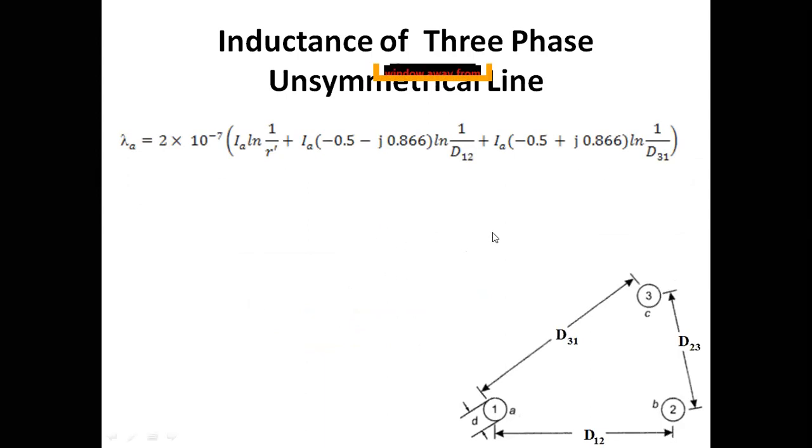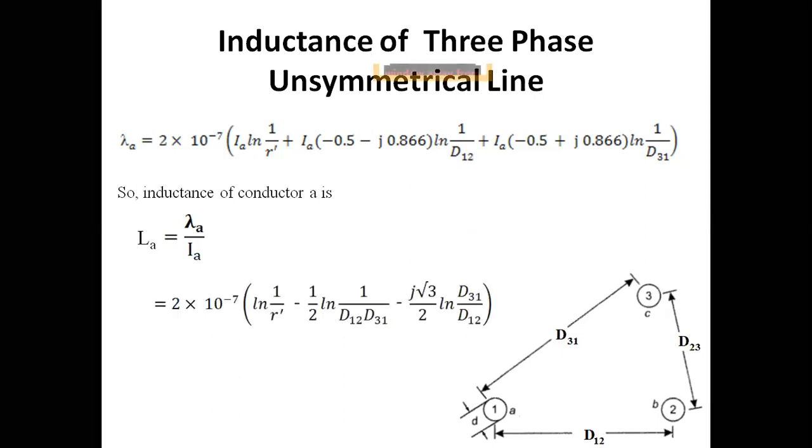So in similar fashion, we can also have, from lambda A, we can calculate LA, that is inductance LA in phase A, that is lambda A divided by IA, and after the IA term cancels out, finally we get 2 into 10 to the power minus 7 ln 1 by r dash minus half ln 1 by d12 d23 d31 minus j root 3 by 2 ln d31 by d12. So this will be the inductance LA.